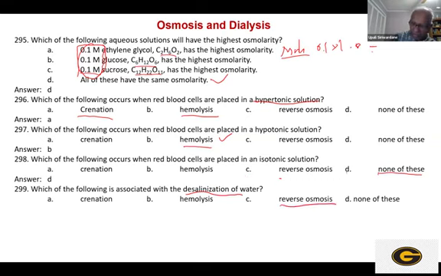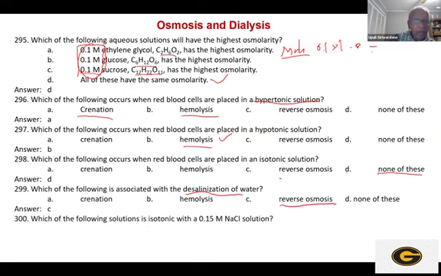That's the answer. Which of the following is isotonic? We talked about this. This is the saline solution of sodium chloride. Molarity is 0.15.